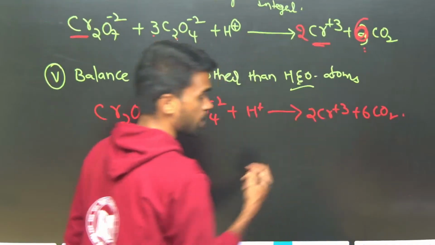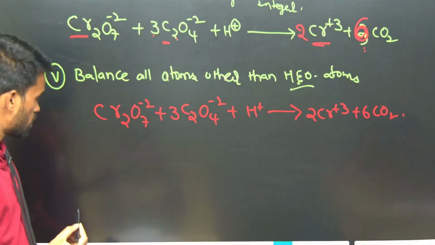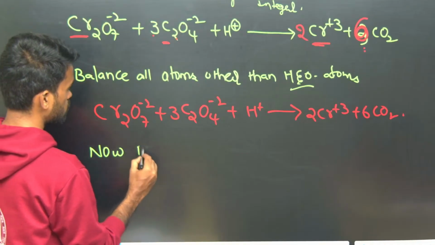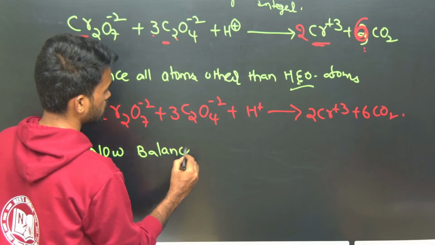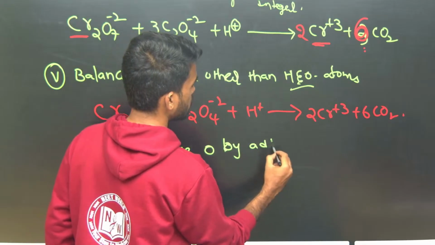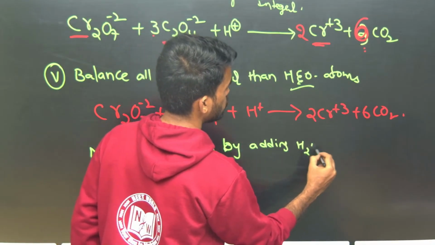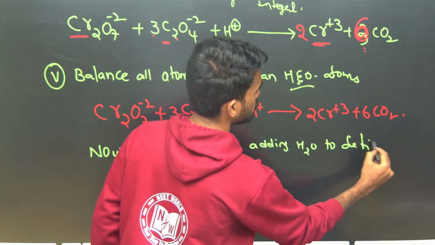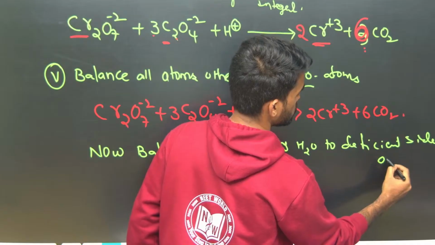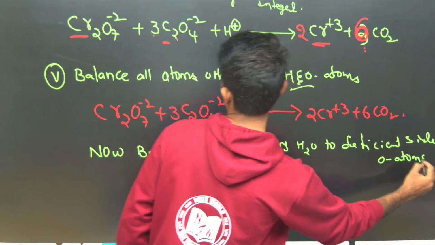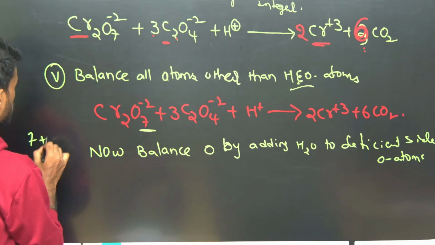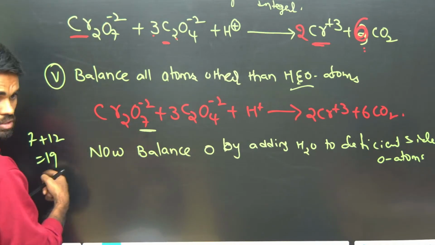So all atoms are balanced other than oxygen and hydrogen. Now balance oxygen by adding water to the deficient side of oxygen atoms. Count the number of oxygen atoms here: 7 plus 12, so 19 this side and 12 that side.